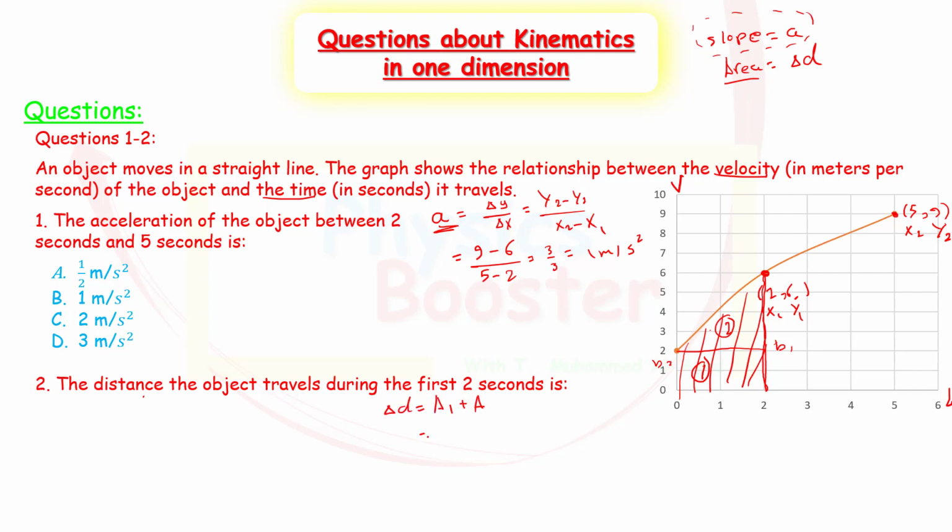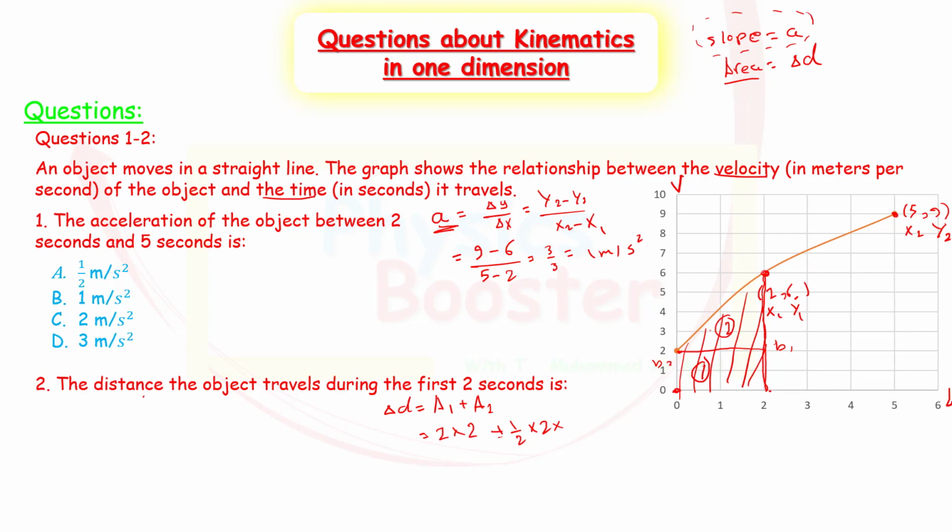What's the first area? The first area is a rectangle, so it's base multiplied by height. The base is from 0 to 2, so it's 2, multiplied by the height from 0 to 2, so it's also 2. Plus the area of the second shape, which is a triangle: half multiplied by the base, which is 2, multiplied by the height.